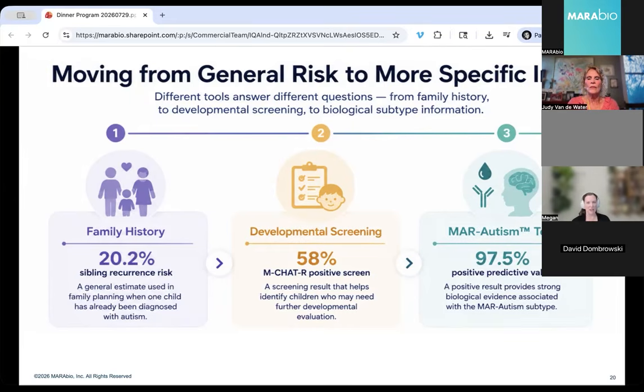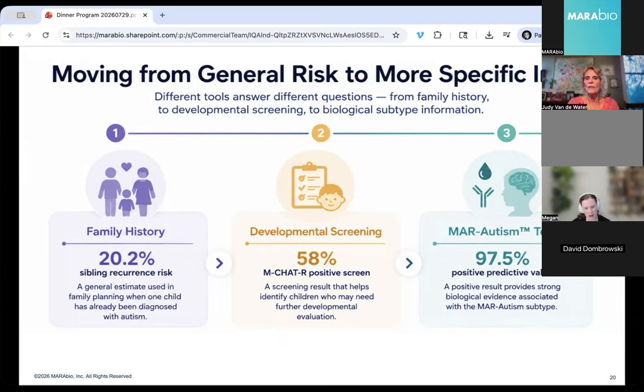Now, if we think about the scenario where a child is maybe showing initial symptoms of autism and they have a positive, let's say an MCHAT or another screening tool for autism, in general, that's about a 58% likelihood that that child will go on to receive an autism diagnosis, higher for developmental delay diagnosis, but autism specifically, 58%.